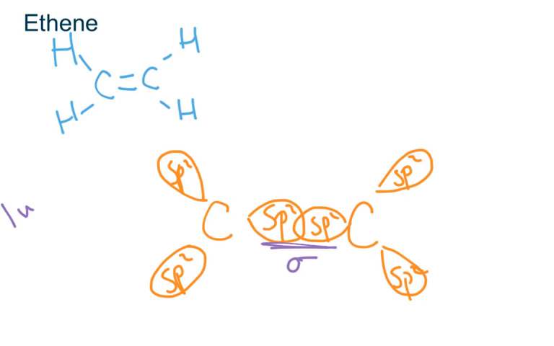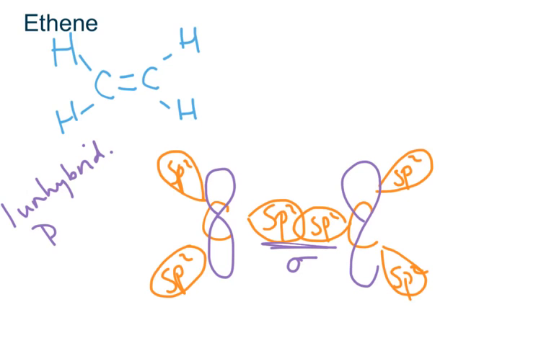And where's that? That is right here. It didn't get thrown into the punch bowl, didn't get mixed in with the s and the other p's. It was left alone. It's still there, but it's unhybridized.